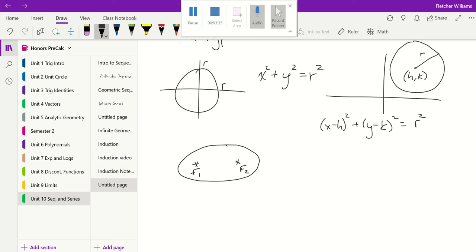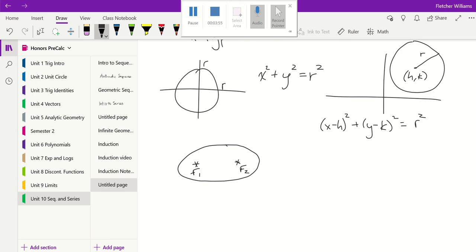Oh, it's the sum. The sum of distances from what to what? Okay, so the sum of the distances from two fixed points to any point on the ellipse is a constant.